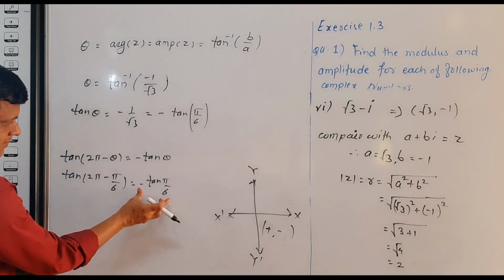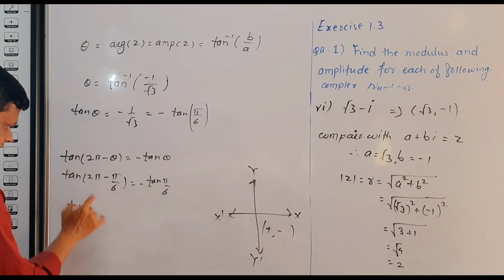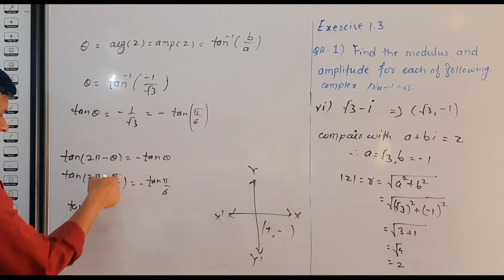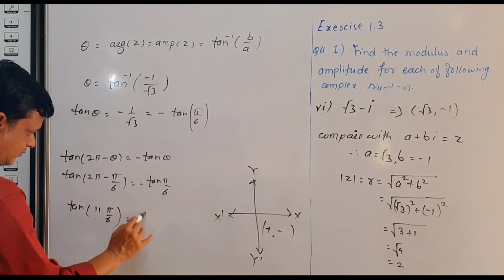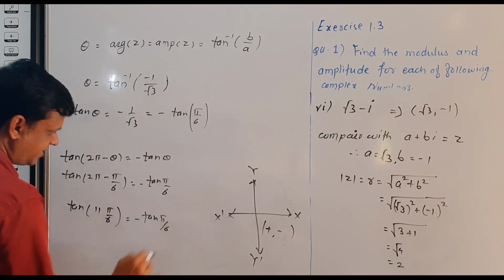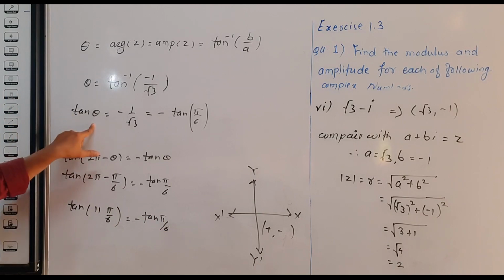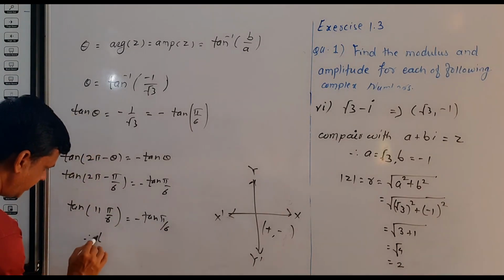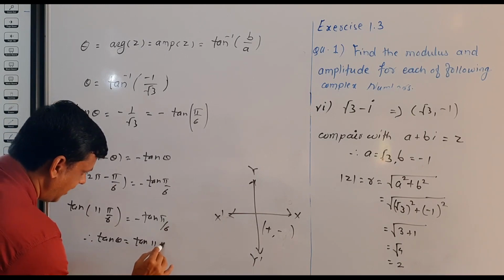So in place of this minus tan pi by 6, we can write tan of 2 pi minus pi by 6: 6 into 2 is 12, minus pi, that is 11 pi by 6. That means instead of writing this minus tan pi by 6, we can write tan 11 pi by 6. Therefore tan theta is equal to tan 11 pi by 6.